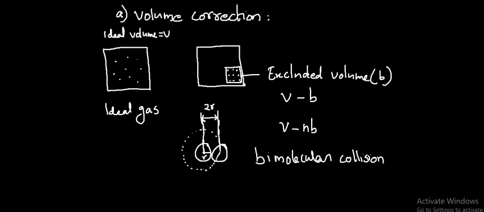This excluded volume is 4 times the actual volume of molecules. The excluded volume is not equal to the actual volume of gas molecules. In fact, it is 4 times the actual volume of molecules, and it can be calculated by considering bimolecular collision. Here two molecules of radius r are colliding with each other.